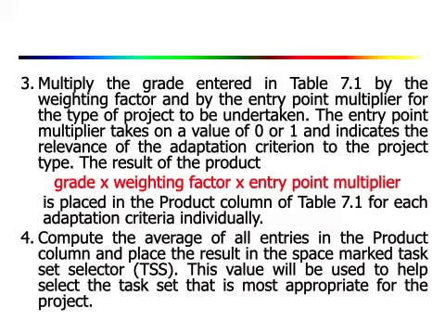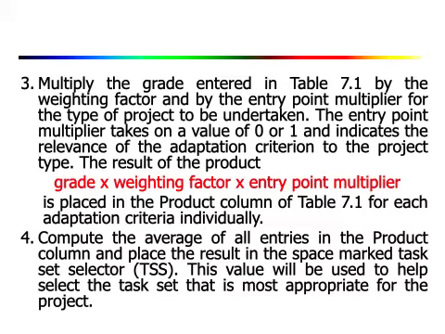Okay, so here what we are doing, we have the grade, we have the weight and the entry point multipliers. You multiply this and the product is placed in the product column. Okay, so the entry point multipliers usually have the value 0 or 1, and this indicates the relevance of the adaptation criterion to the project type.